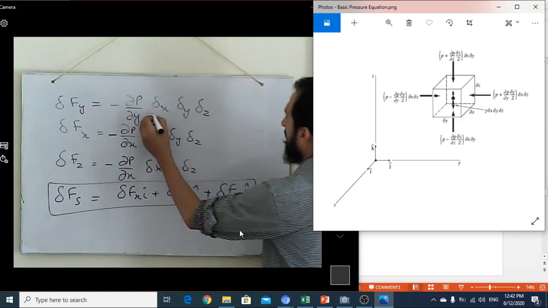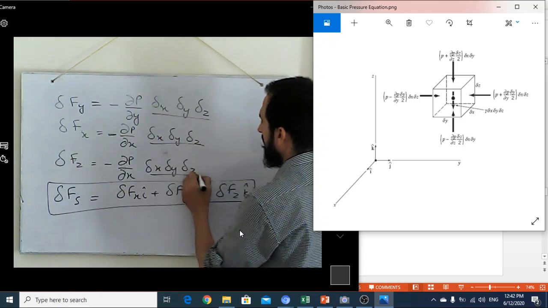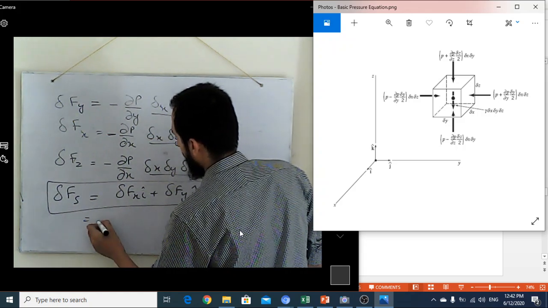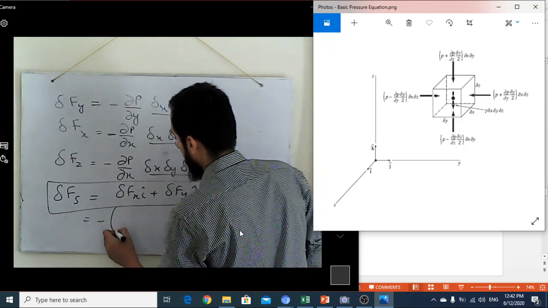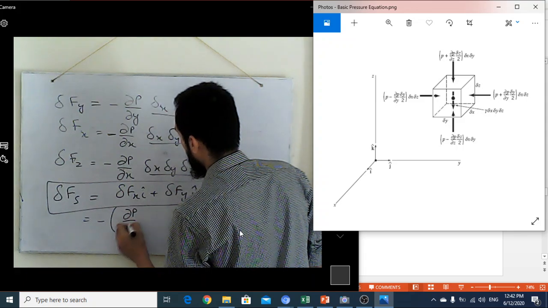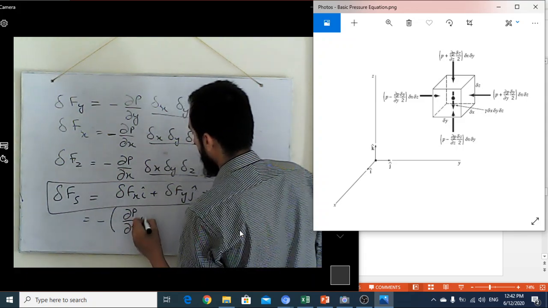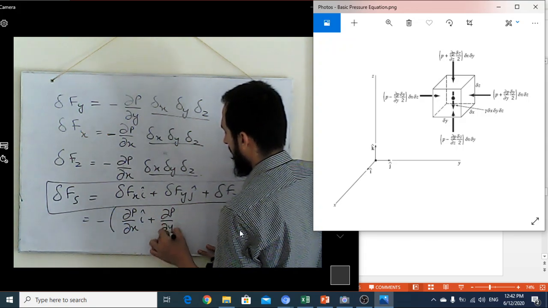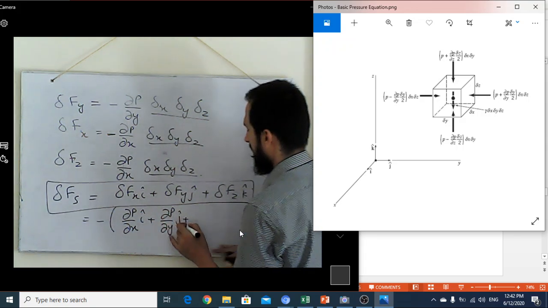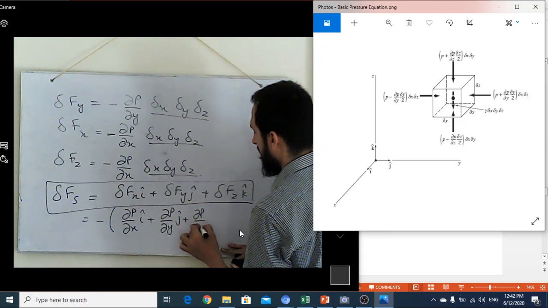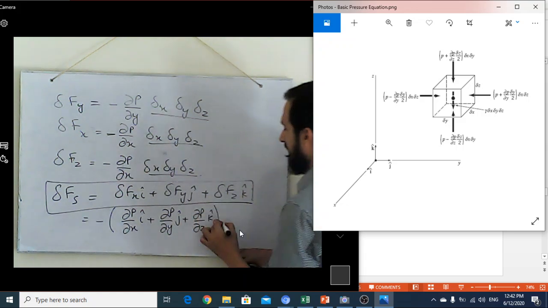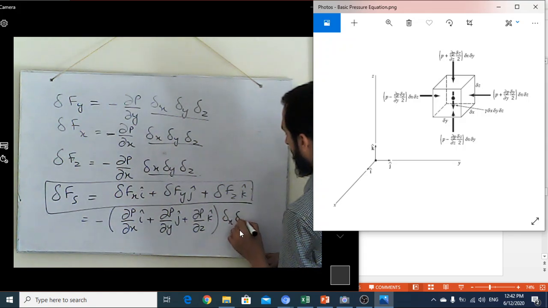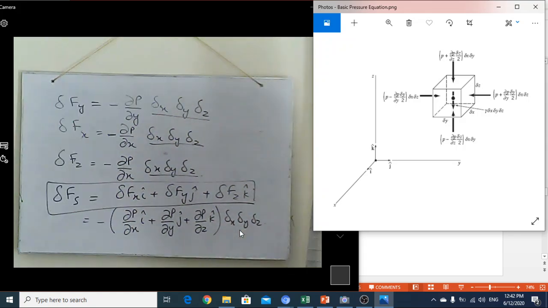As we know that these are common values, I just take them common, and the minus sign is also common: dou p over dou x along the i direction plus dou p over dou y along the j direction plus dou p over dou z along the k direction, and it is multiplied by all dimensions like delta x, y, and z respectively.